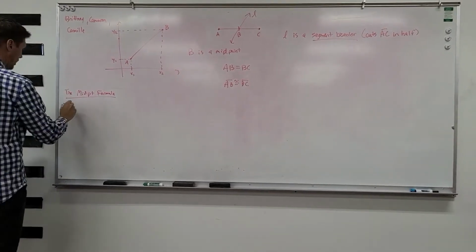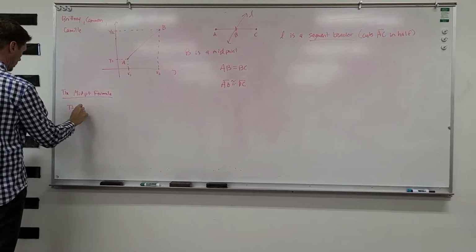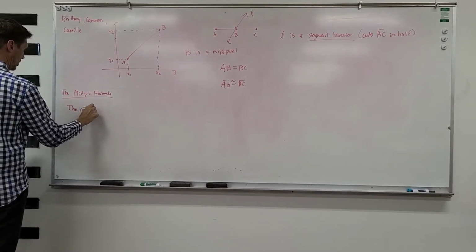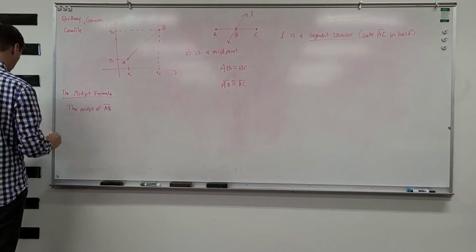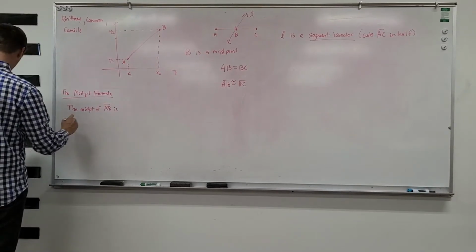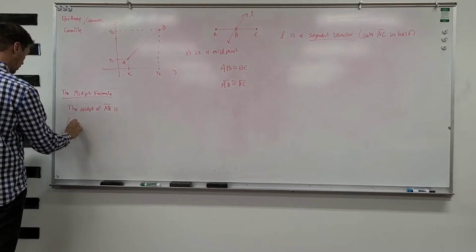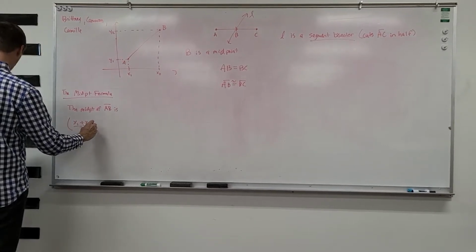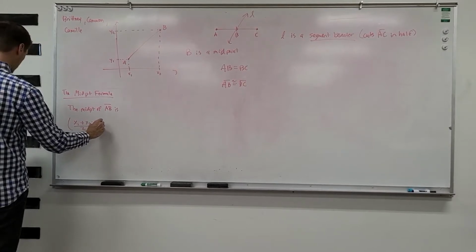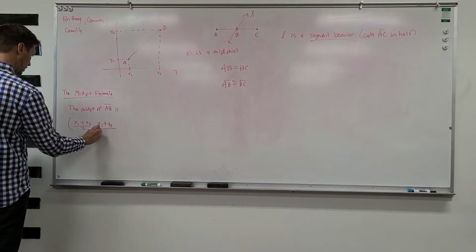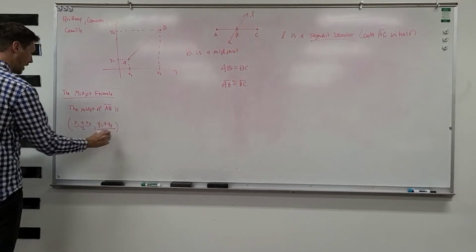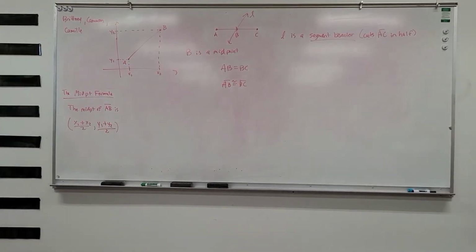Then we would say the midpoint of segment AB is x1 plus x2 divided by 2. That's the x coordinate for it. And then y1 plus y2 divided by 2 is the y coordinate of the midpoint.